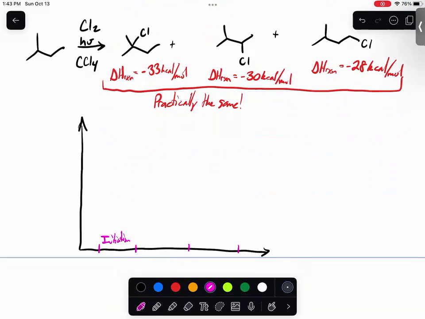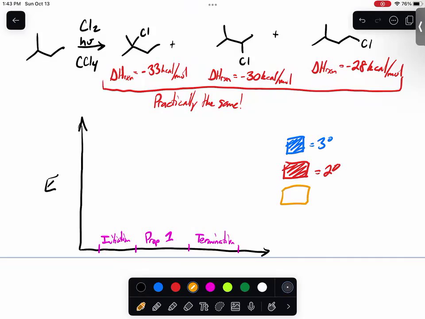Then we'll do propagation 1 and termination. And we'll do the same idea, where blue is for the tertiary, red is for the secondary, and orange is for the primary.